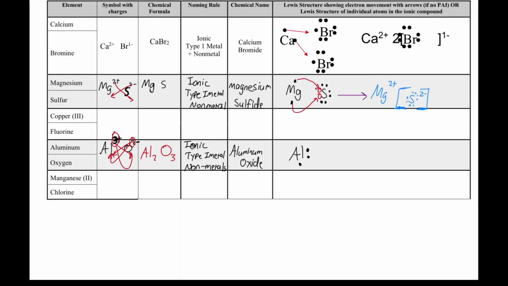So let's go back to that problem again. I have my 3 electrons around my aluminum. I have an oxygen, which will have 6 electrons, and then it will have a spot for 2 electrons that will pull off of that aluminum.